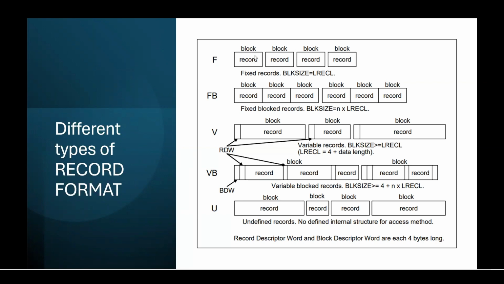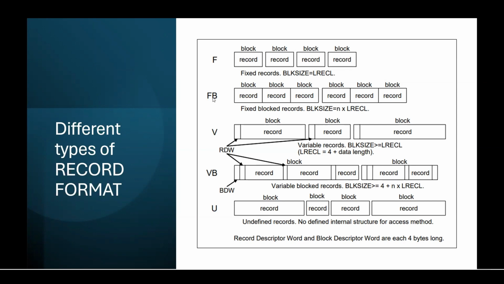So this is the first record, the second record, the third record, the fourth record. So here one logical record is equal to one physical block, because there is no combined block. That's why block size is equal to record length. Whatever we have in the block, the same will be the record length.